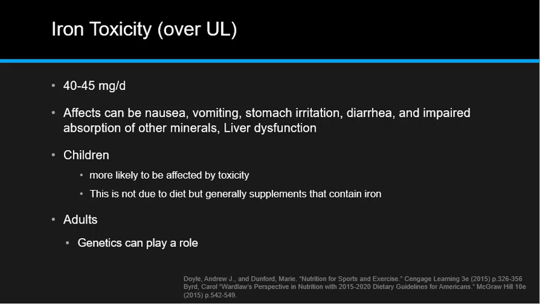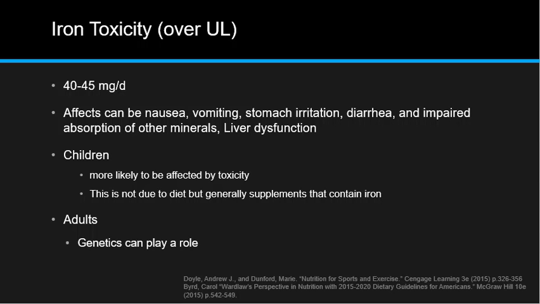So children and adults: children are more likely to be affected by toxicity because of the little chewable vitamins that they get, because a lot of the vitamins will have a lot of iron in them, and so that will take them over the UL. Adults, genetics can play a role.